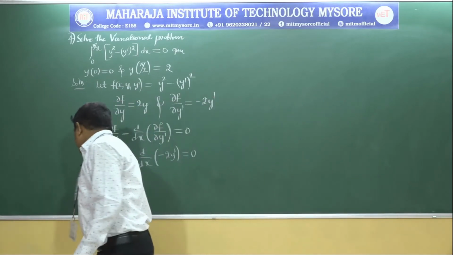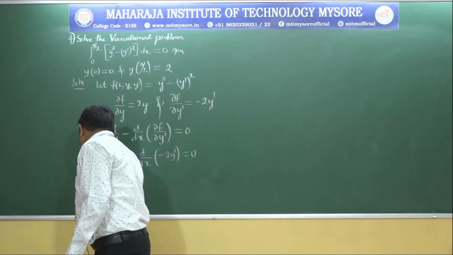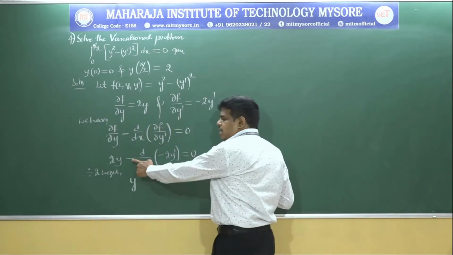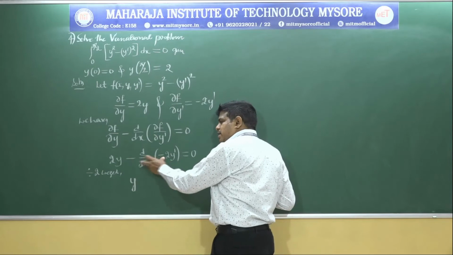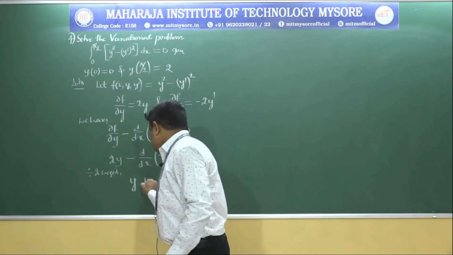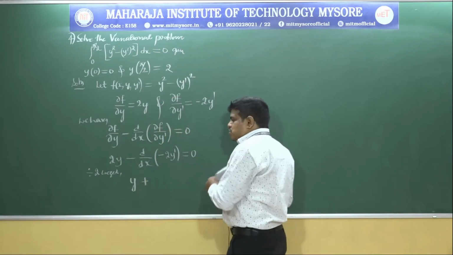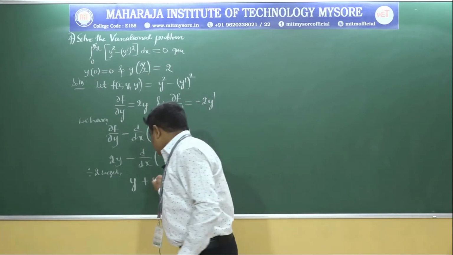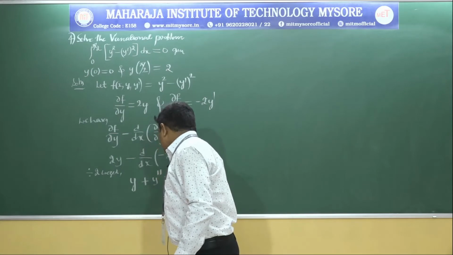Dividing by 2, we get y. Here we have minus into minus, which becomes plus. y dash is the first derivative, and differentiating again with respect to x, it becomes y double dash. So y plus y double dash equals 0.